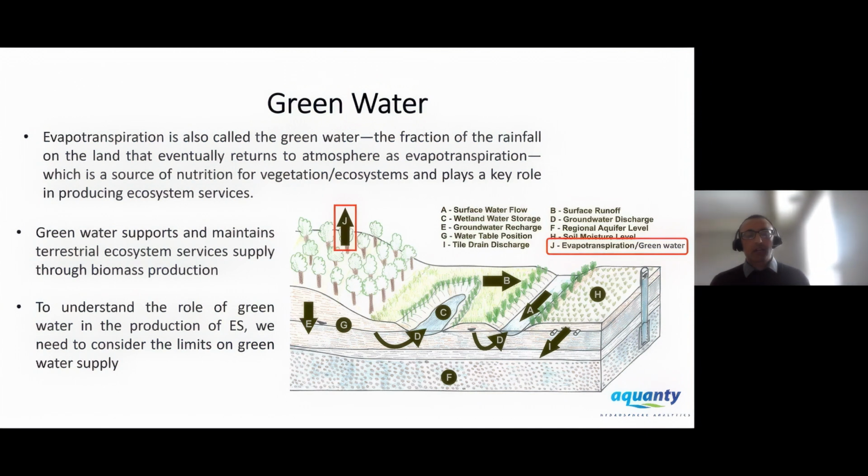But most of the time in the water cycle, we think that this is water loss, but actually it is something which is being used by the ecosystems. So if we want to map the water contribution towards ecosystem services supply, we should map this phenomenon called ET, evapotranspiration.